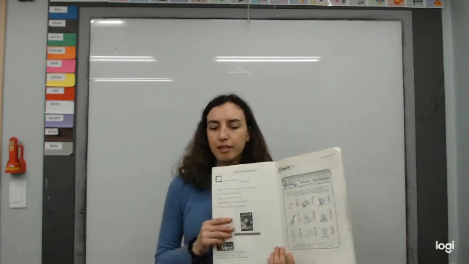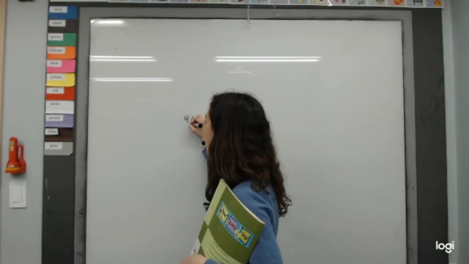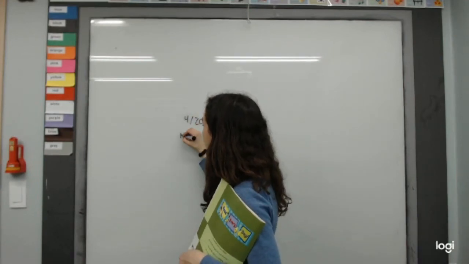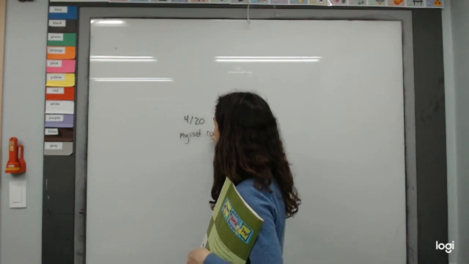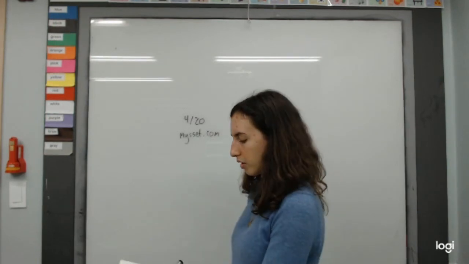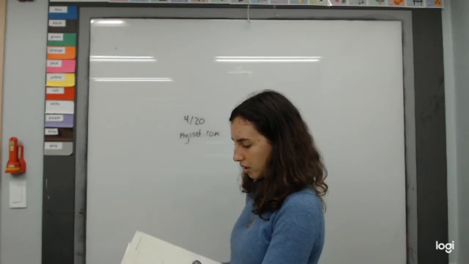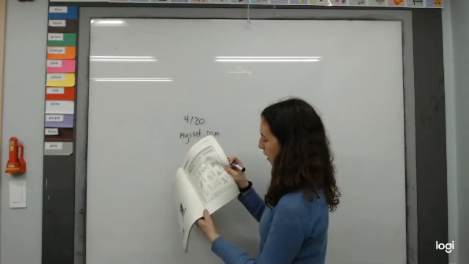Okay, so now this page, students, I will write your homework. If you want to know your homework, you can find it under 420 homework at myssat.com. And you need to finish also page 59 or 63.